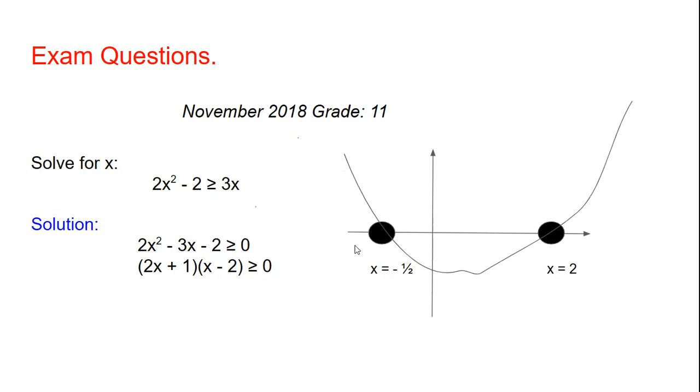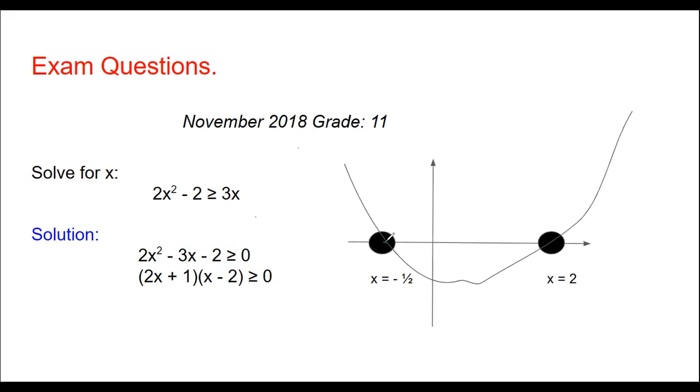It means greater than means it's above the x-axis, and the equal to sign means it touches the x-axis. So all the points that touch the x-axis and are above the x-axis, they are included. Let me just thicken this a bit.